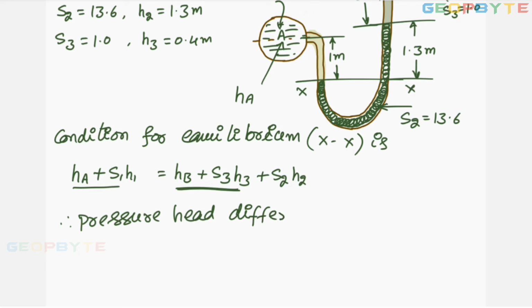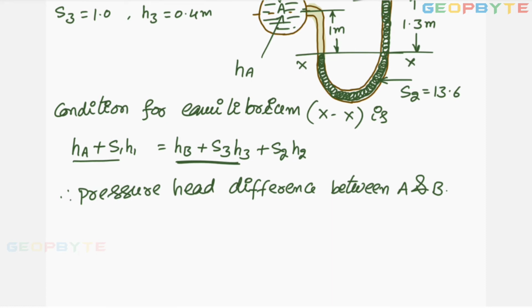Pressure head difference between A and B: HA minus HB is equal to S3H3 plus S2H2 minus S1H1.